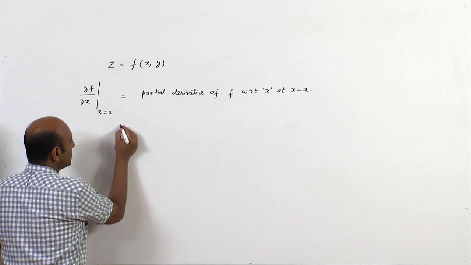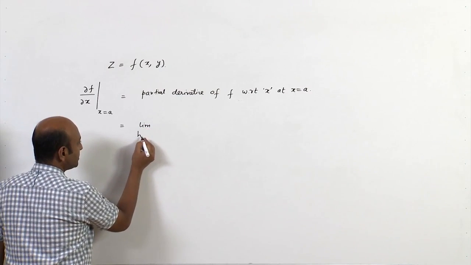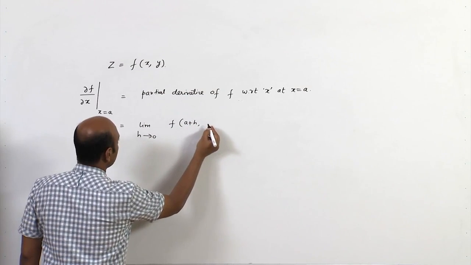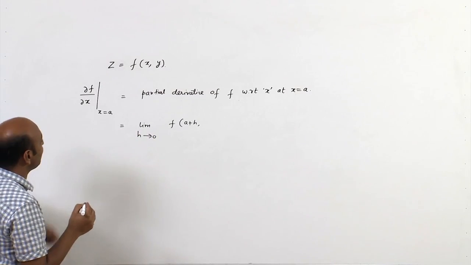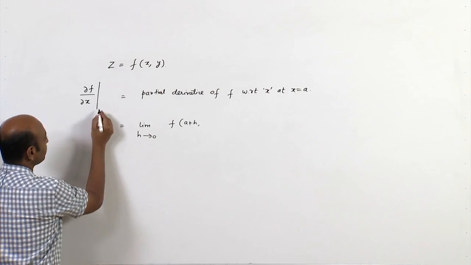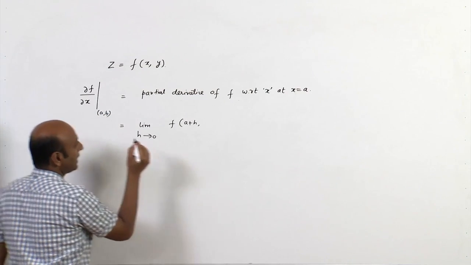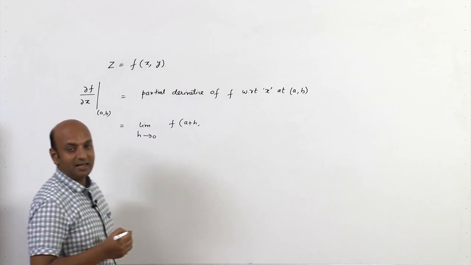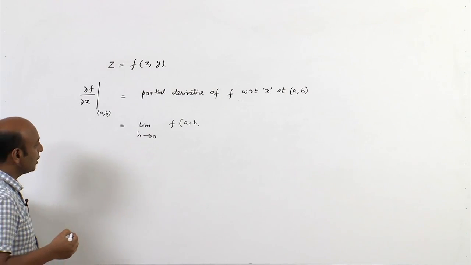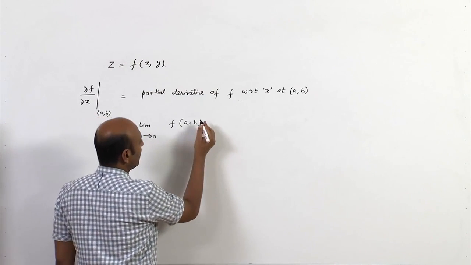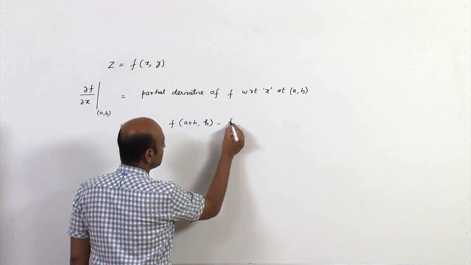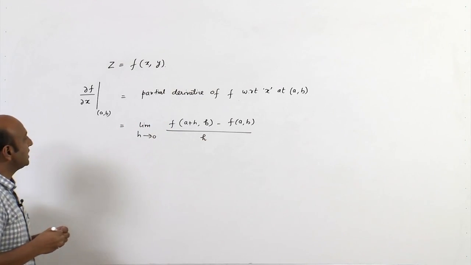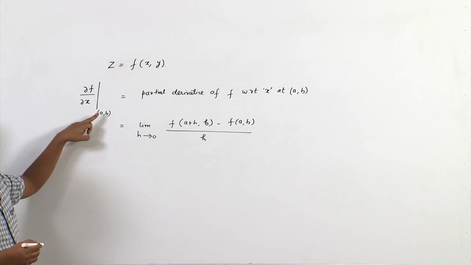So, we define this at a point (a, b), because here we have two variables, x and y. It is limit h tending to 0 of (f(a plus h, b) minus f(a, b)) upon h. So, this is the partial derivative of f with respect to x at (a, b).